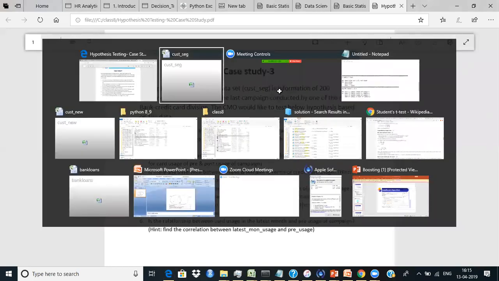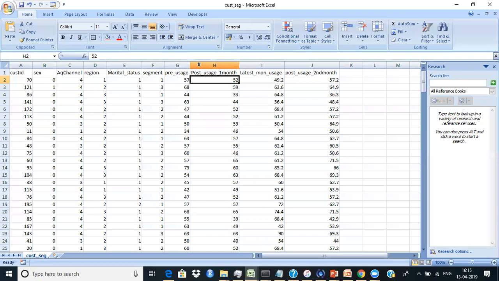We are going to test whether the mean of pre-usage is actually less than the mean of post-usage. The null hypothesis is their means are equal. The alternative is pre-usage less than post-usage. So this becomes a paired sample t-test. Make sense? Okay.